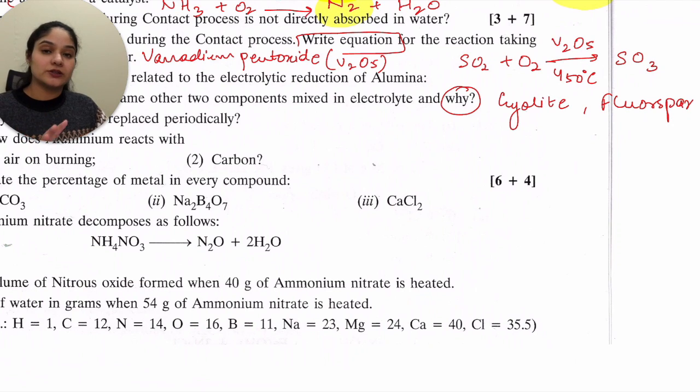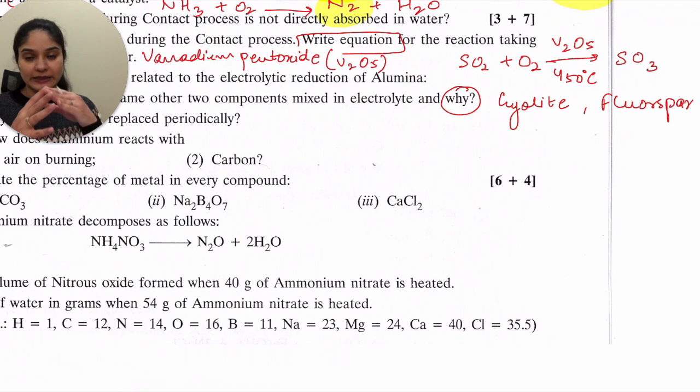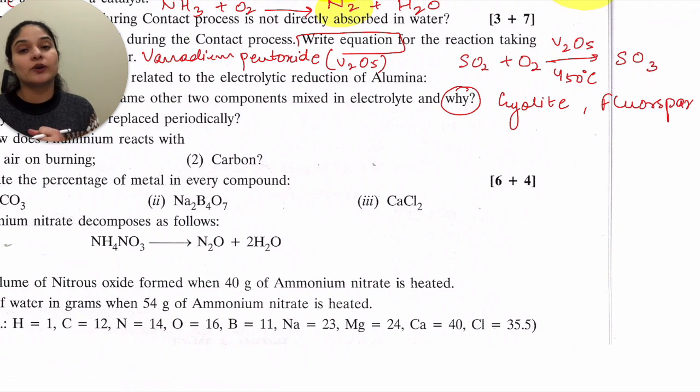The first reason is that they reduce the fusion temperature or the melting point of pure alumina. Why do we need to do that? Because it is very difficult to maintain a high temperature throughout an industrial process, as you are wasting a lot of external resources. If you can maintain a lower temperature and still get an adequate output, then nothing like it.